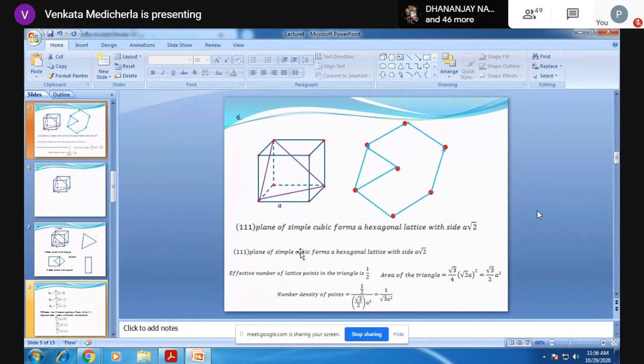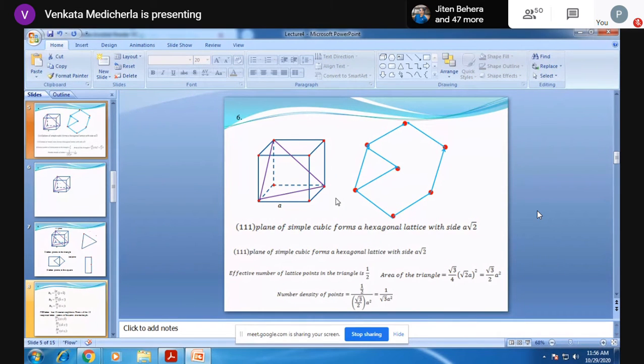Suppose I take this triangle, the 1, 1, 1 plane of this one. What is the effective number of lattice points? Because this triangle has 60 degrees, it is an equilateral triangle, right? That means at each corner we can have 6 triangles, so each corner is shared by 6 triangles.